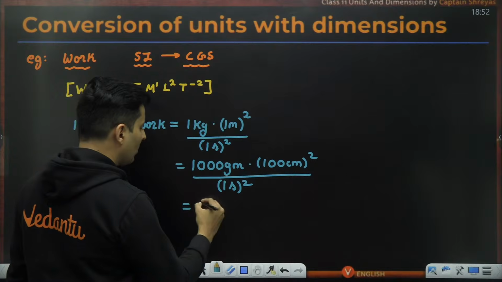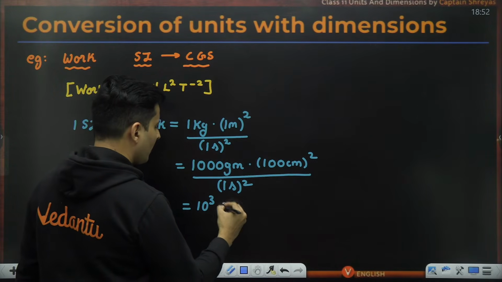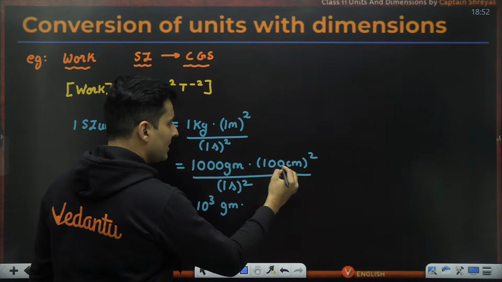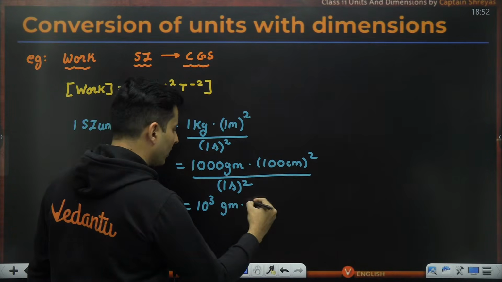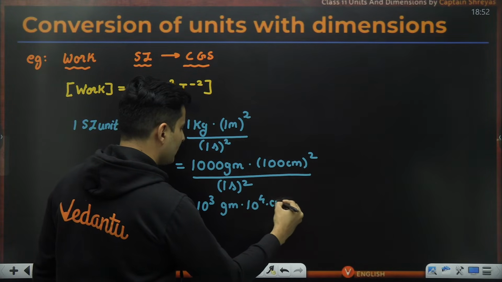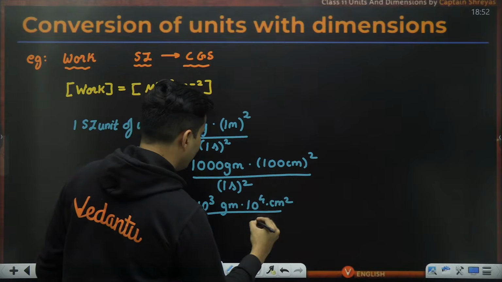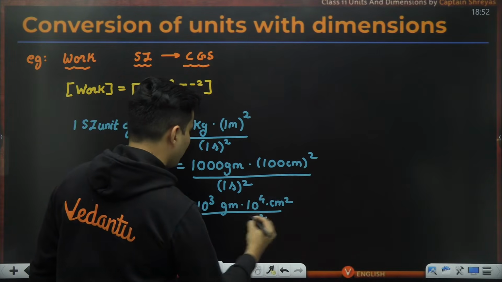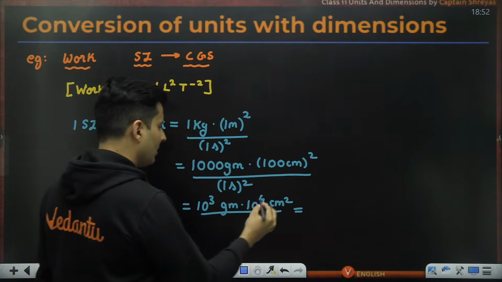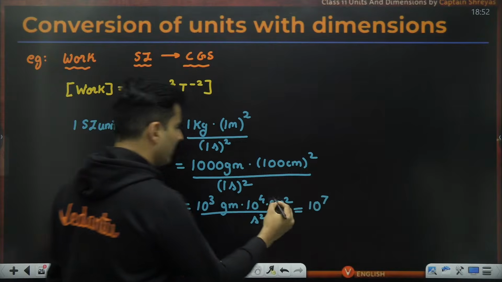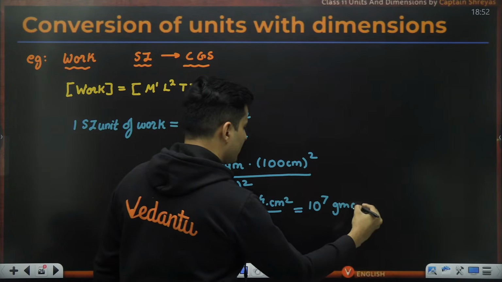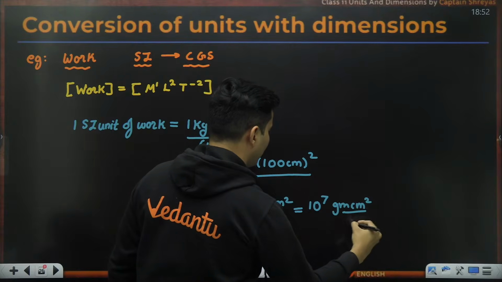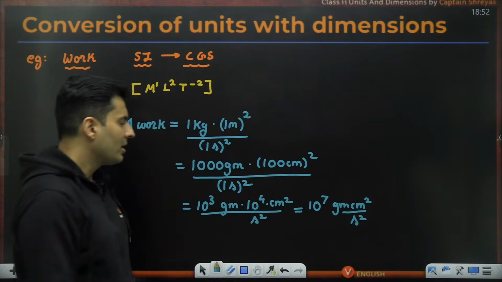Okay. So 1000 is 10 to the power 3 gram. This is 100 raised to 2, which is 10 raised to 4 centimeter square. The whole thing divided by second square, which is as good as saying 10 raised to 7, since 4 plus 3 is 7, gram centimeter square per second square. Now, what is this?